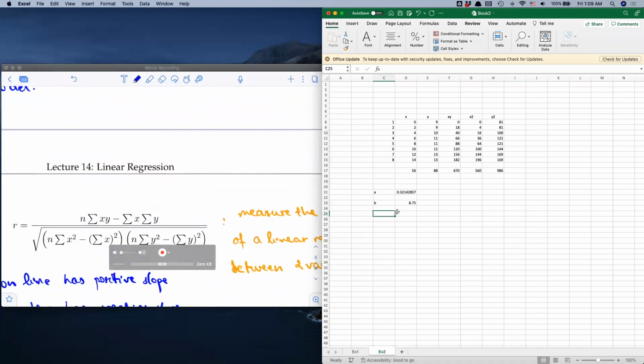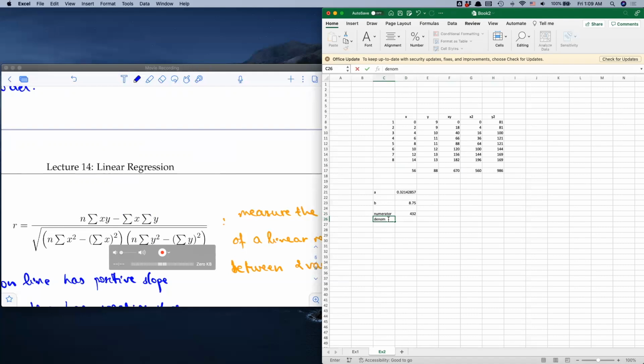Later on, I'm just going to divide one by the other. So the numerator of R is going to be n times the summation of x times y minus the summation of x times the summation of y. And this is what we get for the numerator.